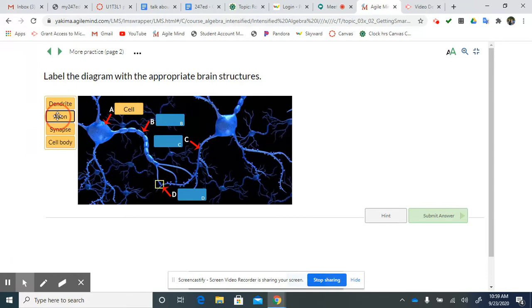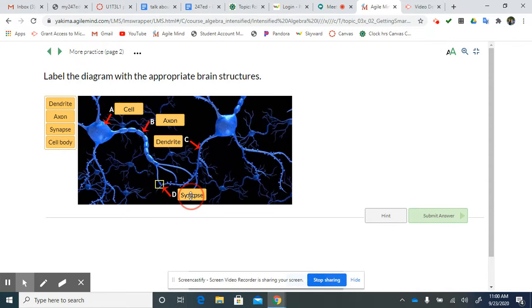That's going to be the axon carrying information away. And then C, this is bringing information to. And then where their legs touch, where the information transfers, is over the synapse.